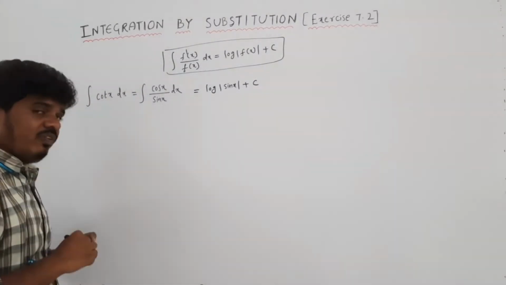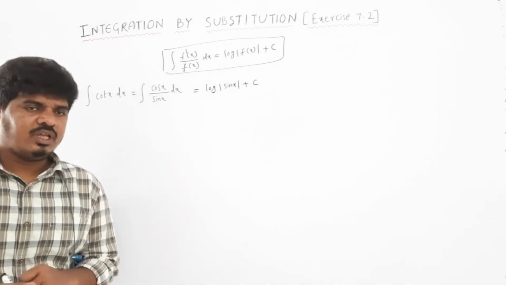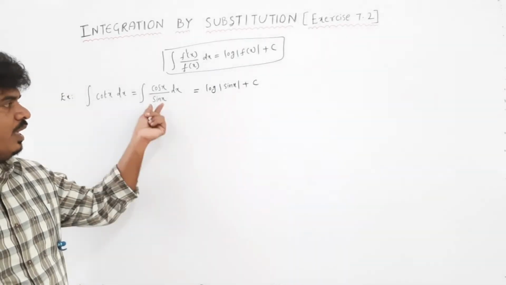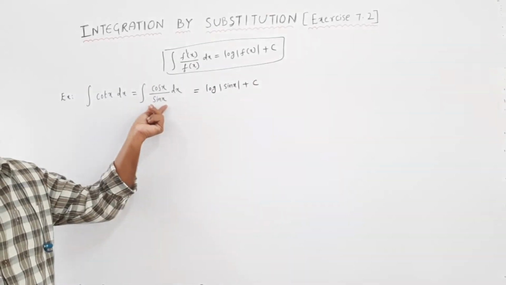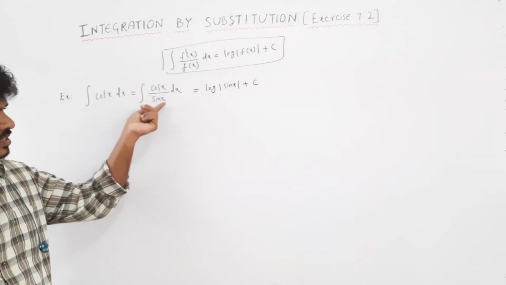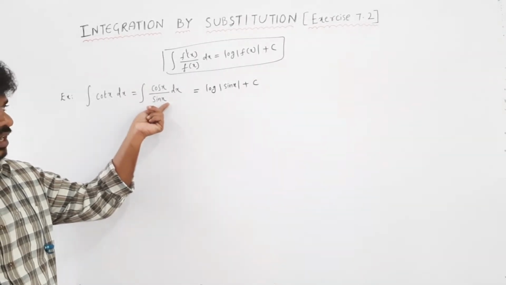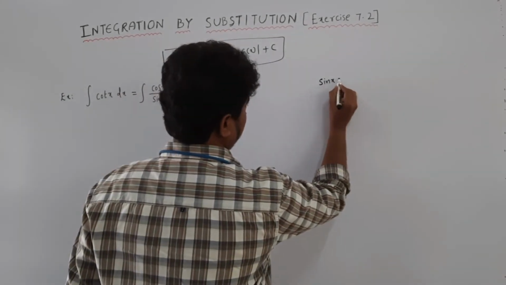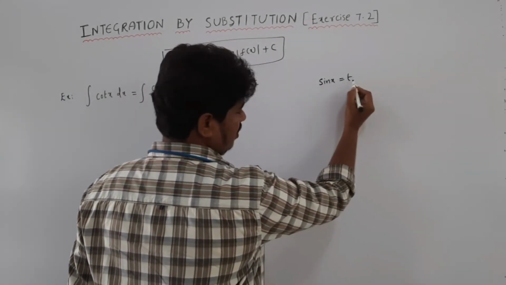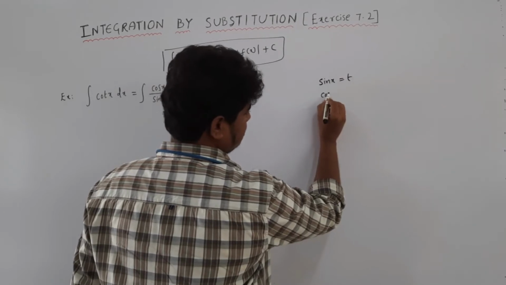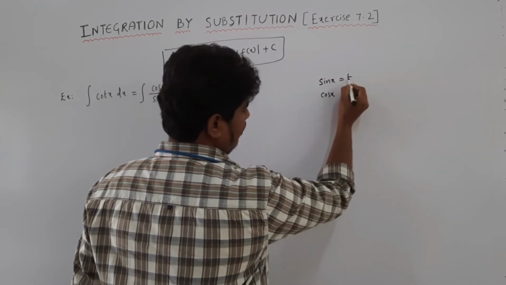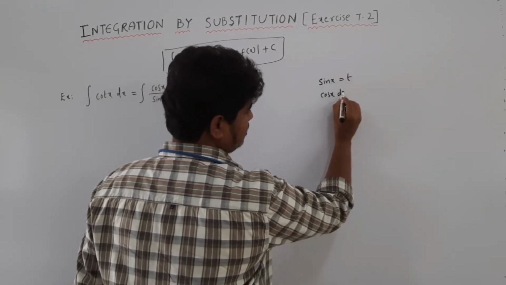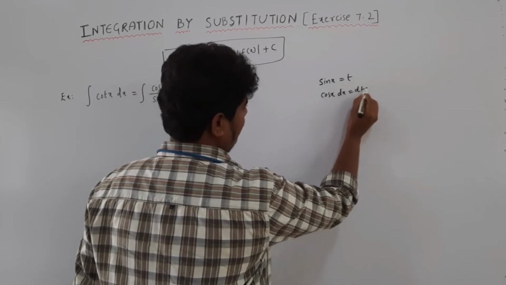Otherwise you can use the substitution, and you also get the same. If you take sin x equals t, by differentiating both sides, what do you get? Cos x dx is equal to dt.